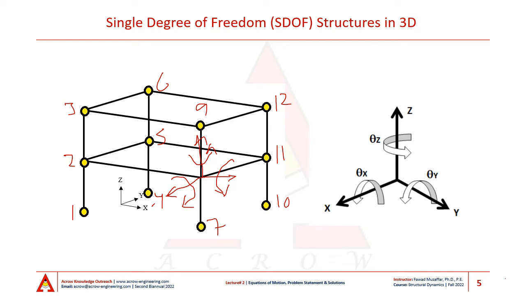So if I am considering a frame that is fixed at the bottom, the total number of degrees of freedom associated with the definition of the stiffness properties of the frame is simply 6 times the number of free nodes, which is 8, and therefore my degrees of freedom for this frame is 48.